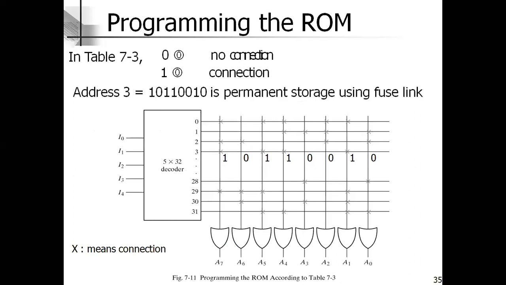Here the output sums are connected separately by using the minterms of these crosspoint connections. Is it clear how to express each output from A0 to A7? A7 can be represented with inputs I0, I1, I2, I3, I4 and output connections at 0, 2, 3 and 29.